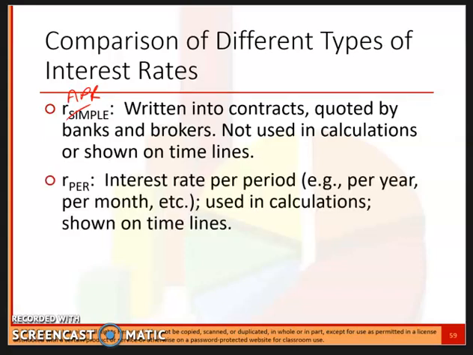The rate per period is the APR divided by the number of compounding periods.